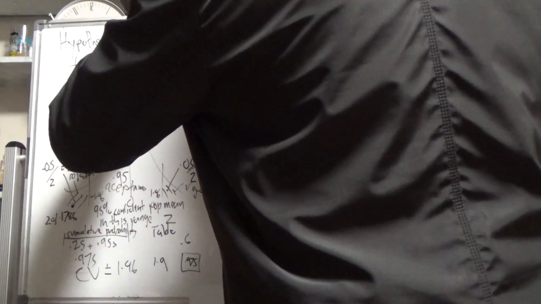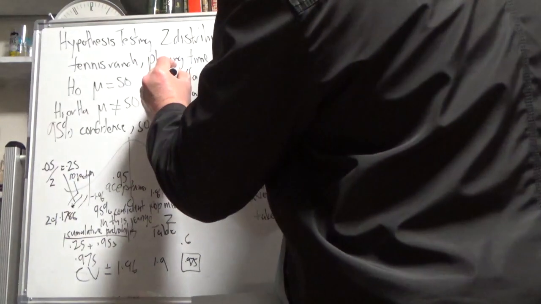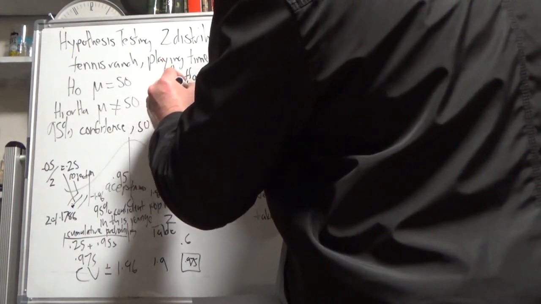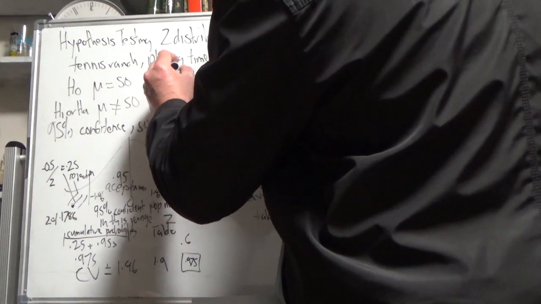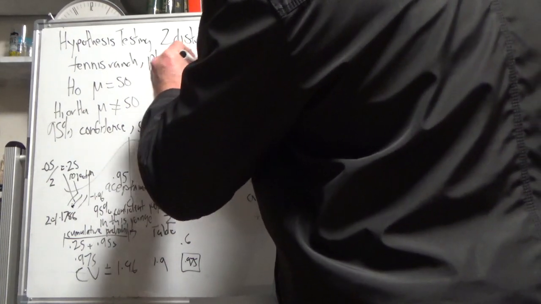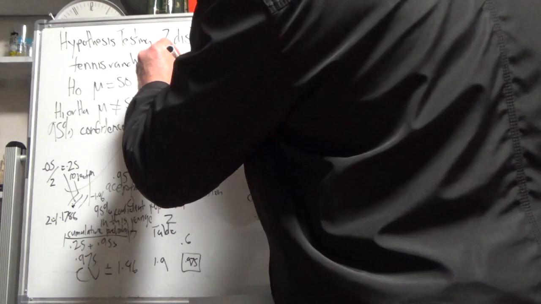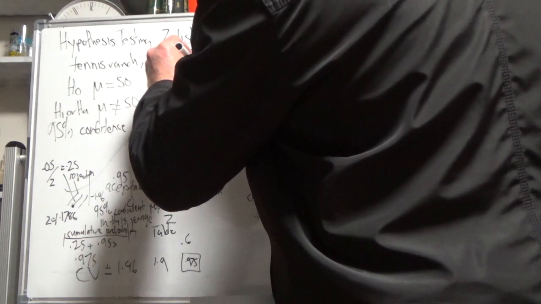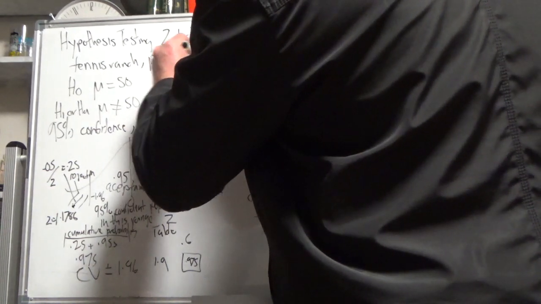And in that particular example, the null hypothesis would have to be mu greater than or equal to 50.